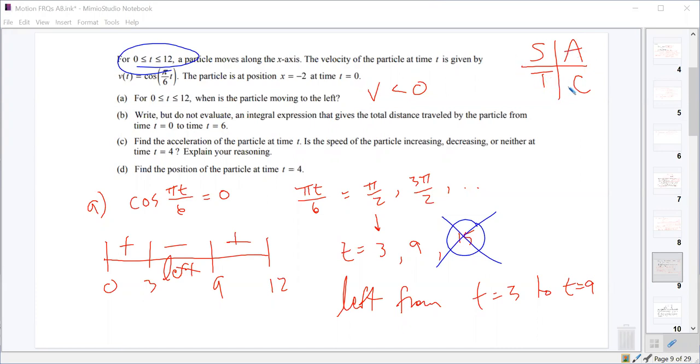Because he will be putting it on the AP test. Okay, wait. But he mentioned it. Wait. Say that again. I'm going to understand this.